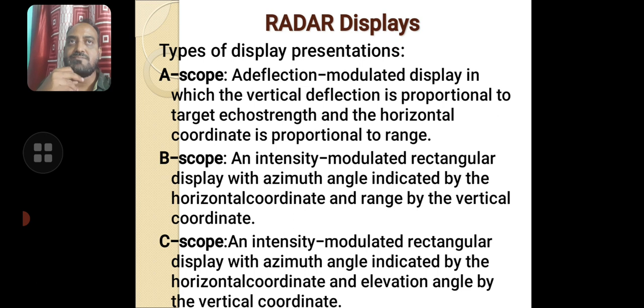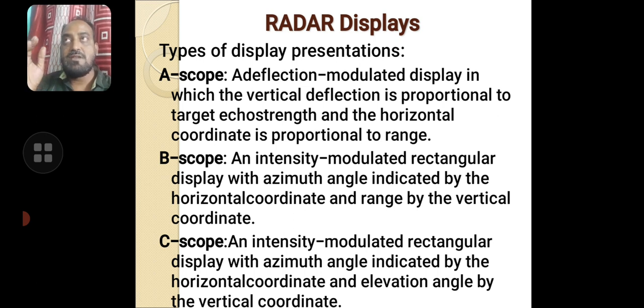For example, if the echo arrives very late, it is horizontally very far from the origin, so that indicates the target range is very long. And if the target cross section is very large, a large amount of power will be returned back in the form of echo.